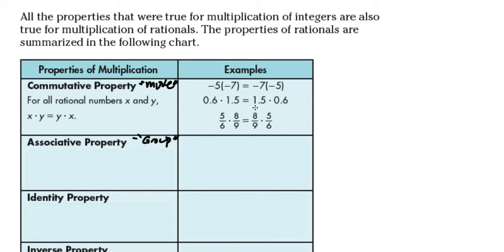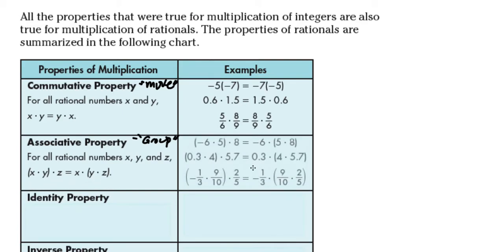So you notice that the order of the numbers changes. In the associative property, it does not. So for all rational numbers x, y, and z, the quantity x times y, close quantity, times z is equal to x times the quantity y times z. And if you notice in the associative property, the order of the numbers did not change. x, y, z remains x, y, z.